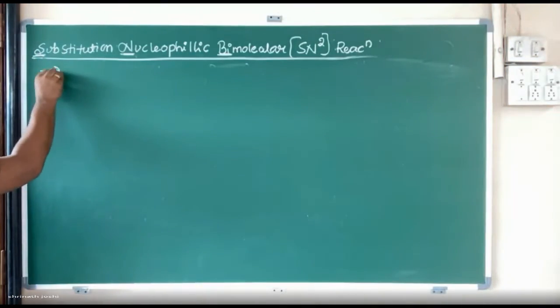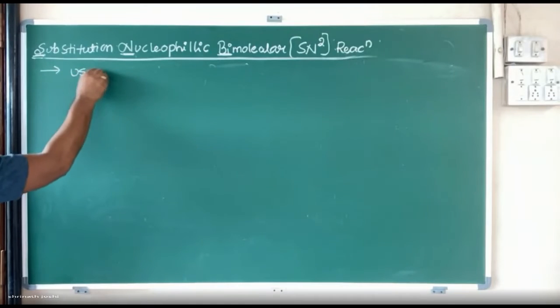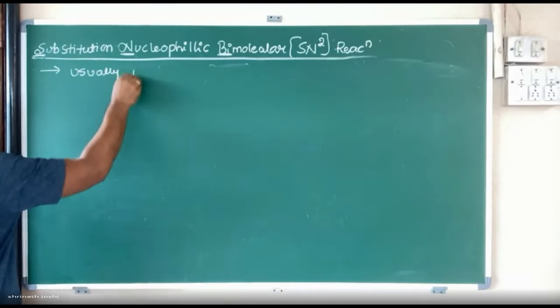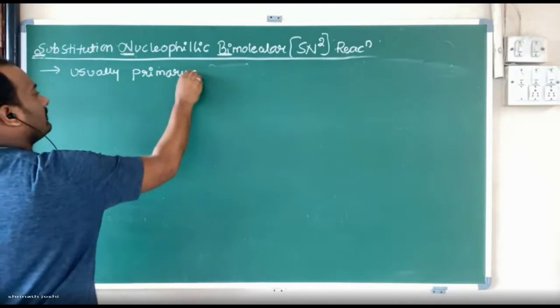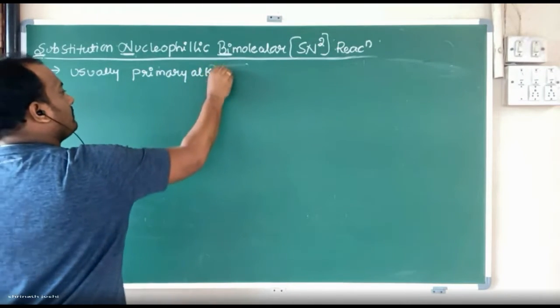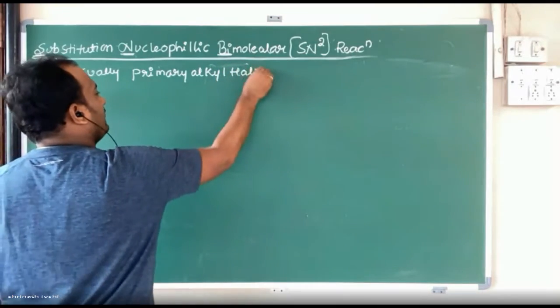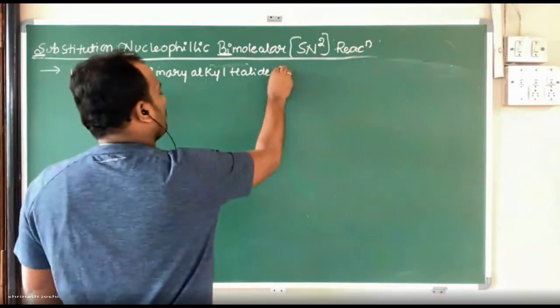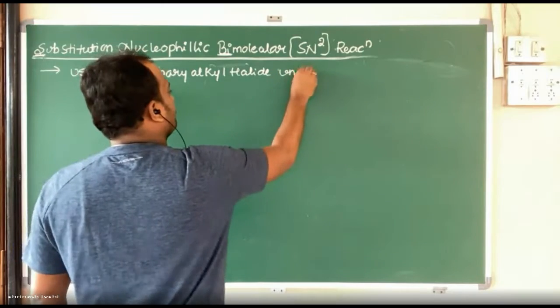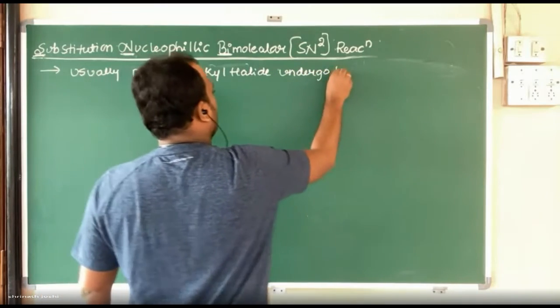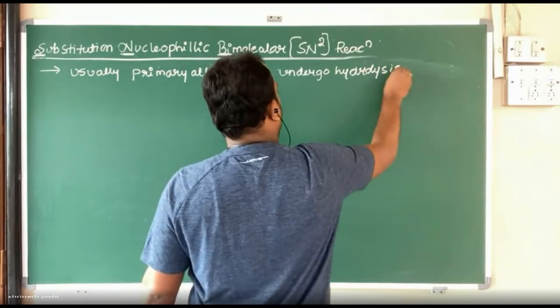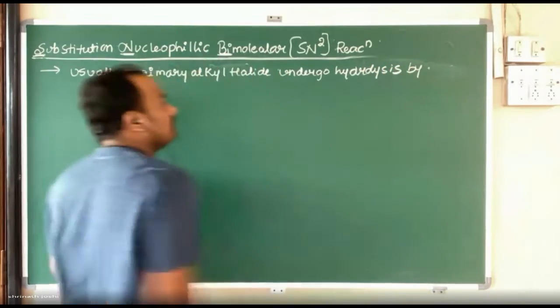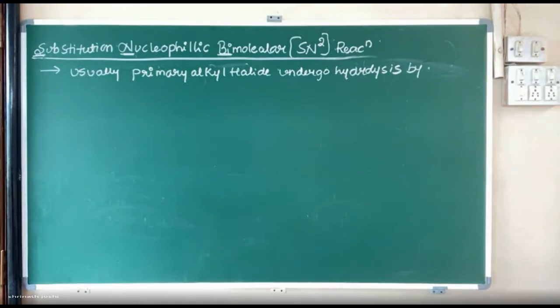You write below one sentence. Usually, primary alkyl halide undergo hydrolysis by, with a red ink, which one?